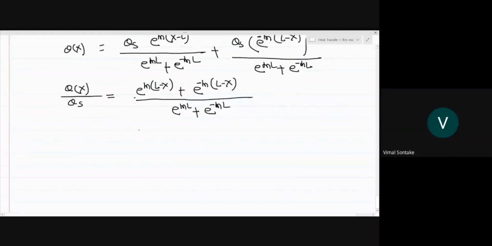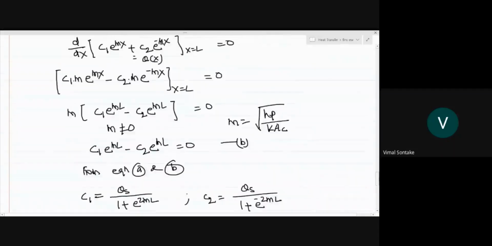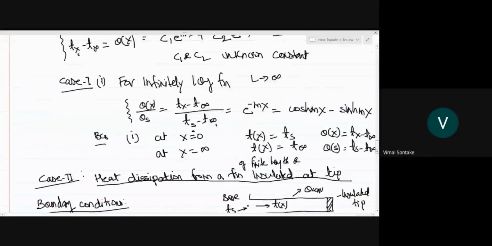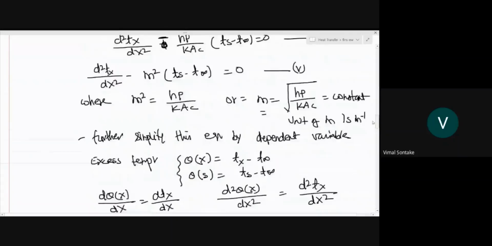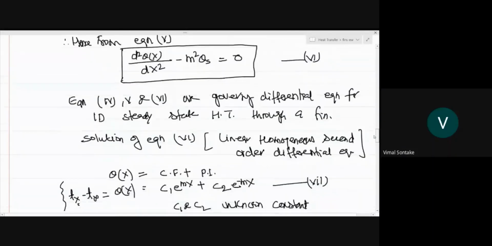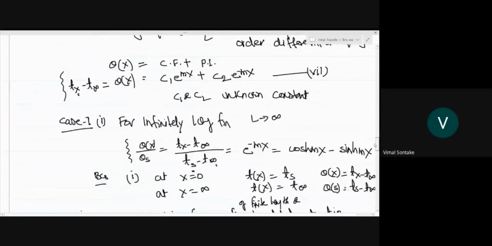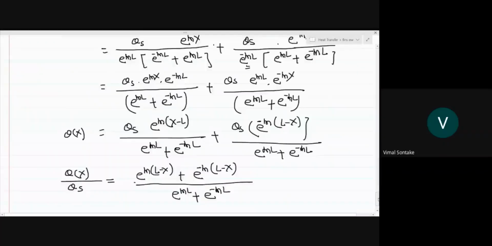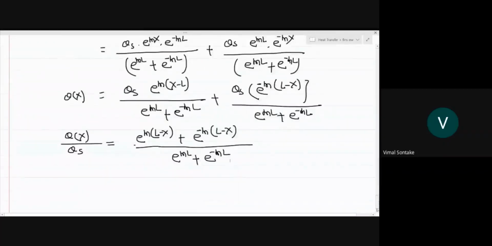Now once again I have to simplify this. So let me recall the formulae. What are those formulae? Okay, those formulas are in different slides, so let me reproduce them.